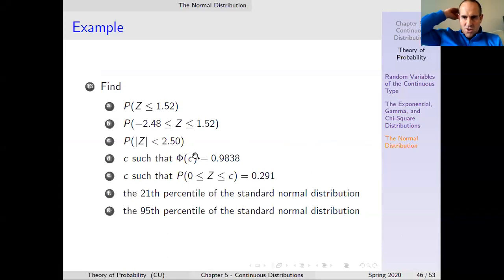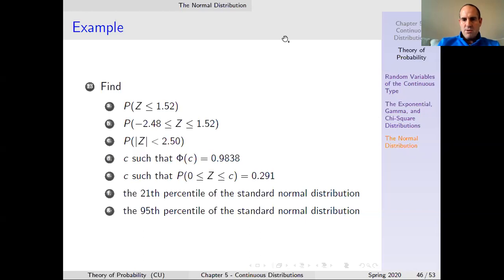Well, you could use the tables by looking up a number that is that. 0.9838 is in both of your texts, and it corresponds to a C value of 2.14. But I can actually find that in Excel also.